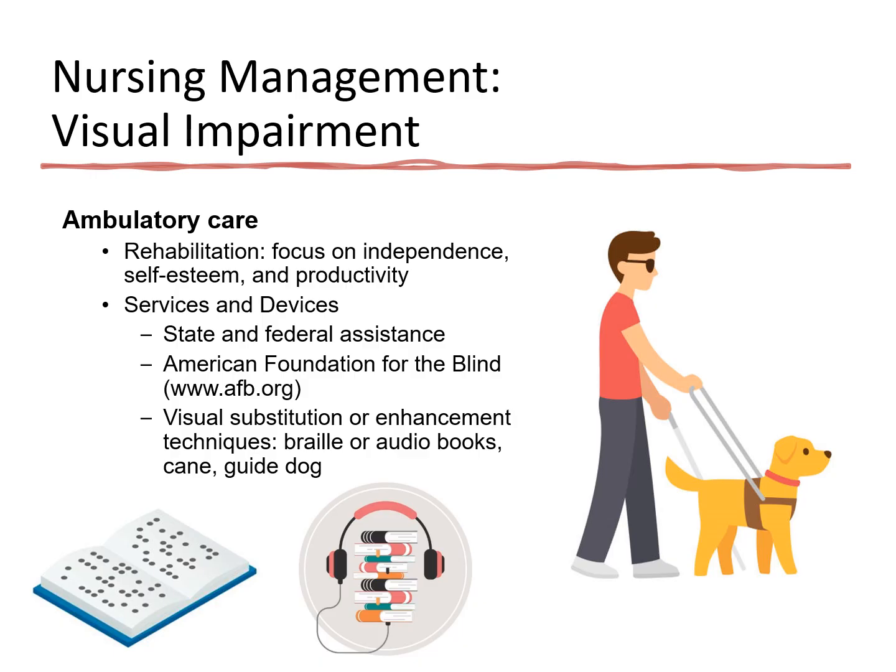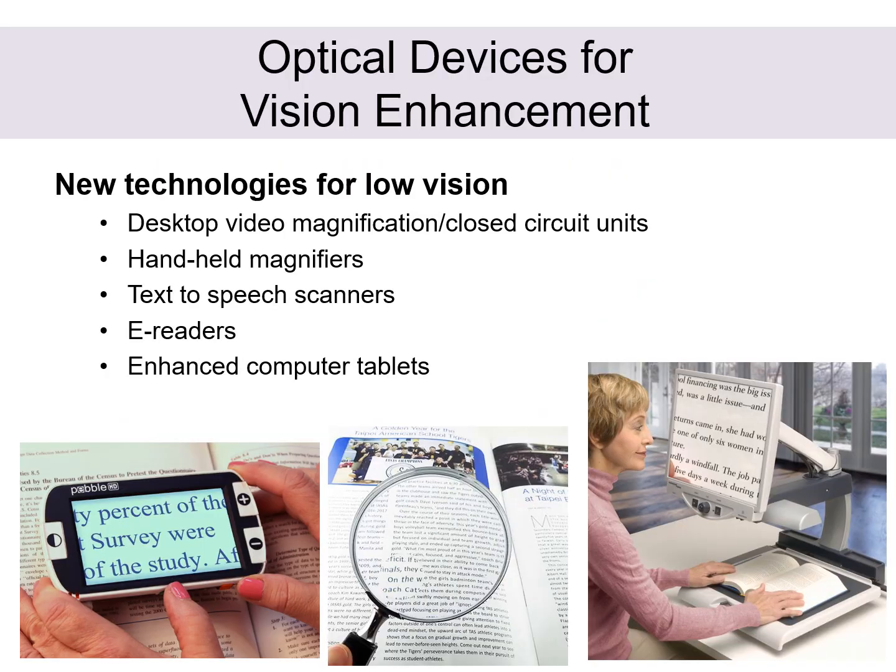It can be very scary, and this goes for people of all ages, kids to the elderly. There is a lot of state and federal assistance available, so that's something you want to educate them on and provide resources for. And there's also lots of, especially nowadays, Braille, audiobooks, canes, they can qualify for a guide dog, all that kind of stuff.